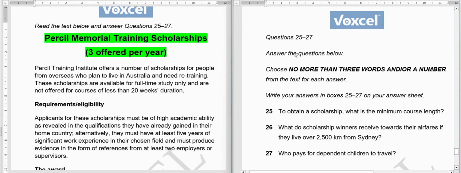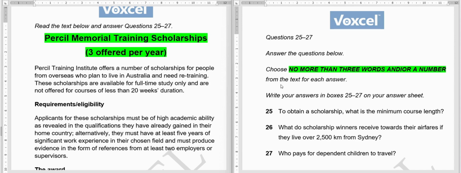So we have to answer the question. Choose no more than 3 words and/or a number from the text for each answer. We have to be very careful that we can write up to 3 words and/or a number along with that, but students usually get confused in this.